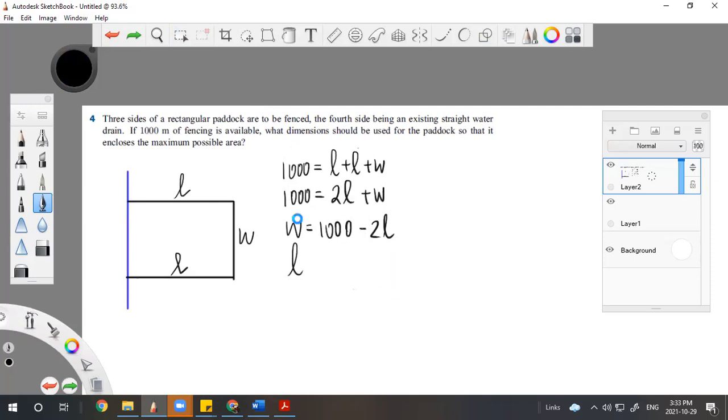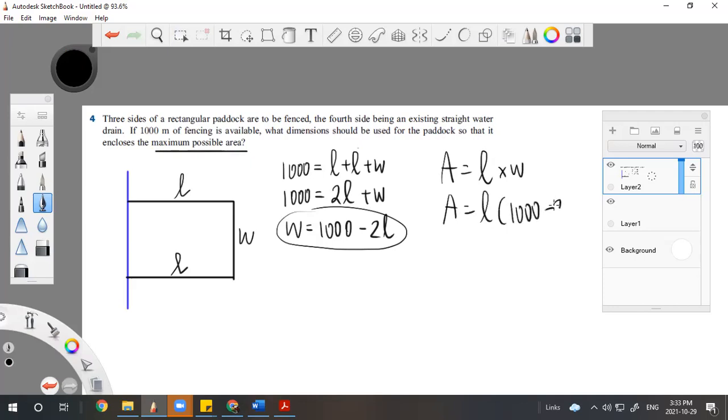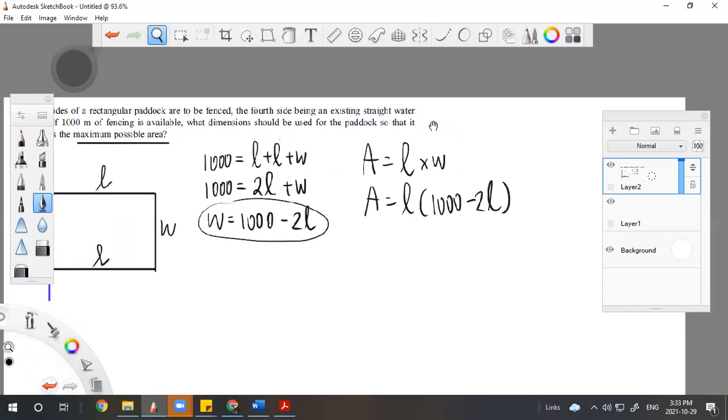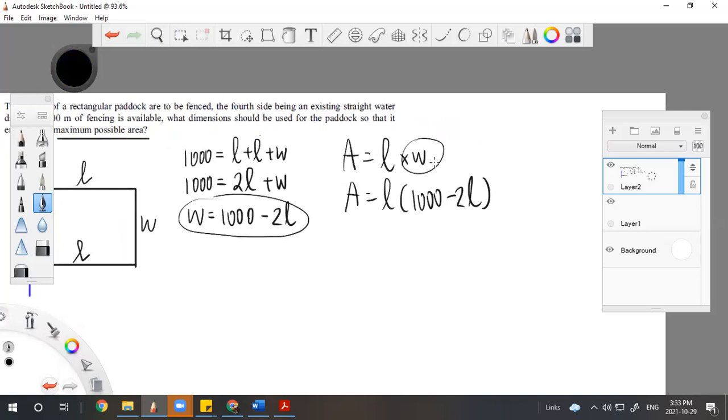I think we better use this. So find the dimensions for the maximum possible area, to maximize the area. So what is area? Length times width or breadth, it's the same. So length times 1,000 minus 2L, right? You just substitute W with this.